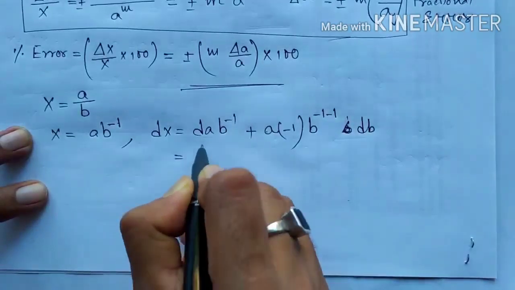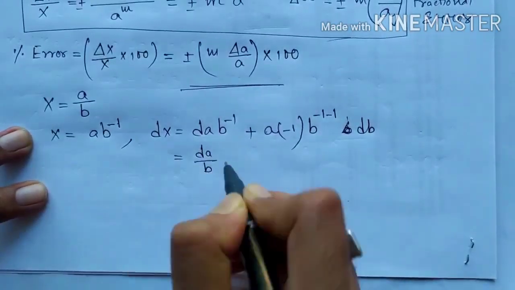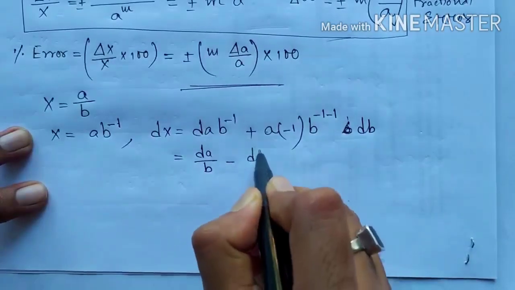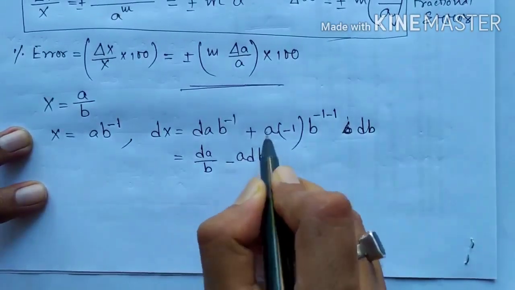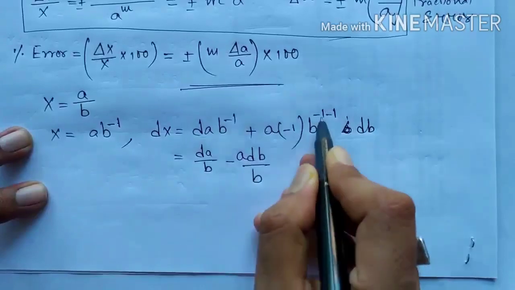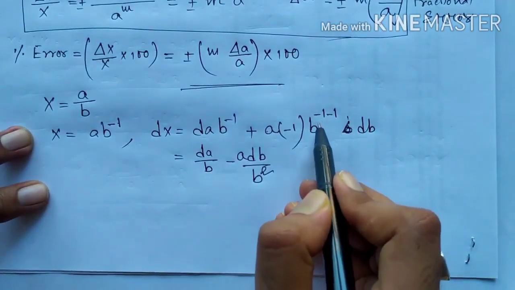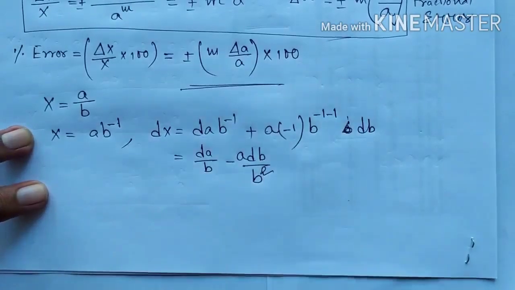So this will be dA by b minus db into a divided by b square, because b to the power minus 1 differentiated is b to the power minus 2, that means divided by b square.